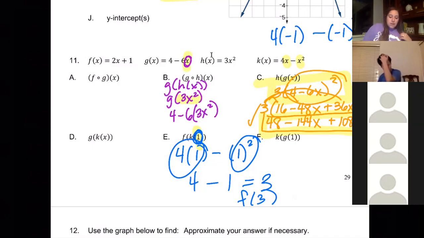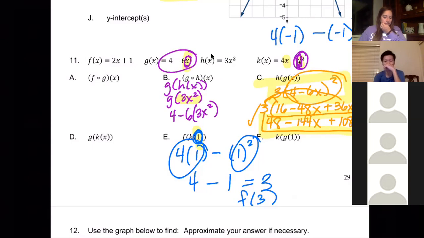There's no x squared on g of x. So I'm just replacing the x, but on k of x, there is an x squared. So if I were plugging something into k, I would only be plugging it into x. Oh, okay, I see. Thank you. You're welcome.